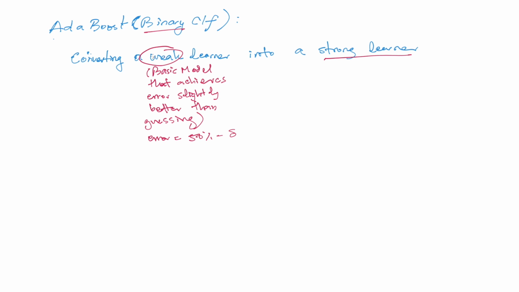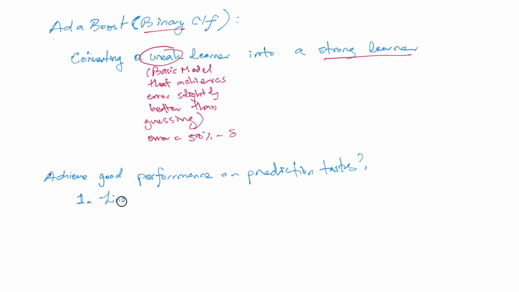Okay, so the idea is basically, how do we achieve good performance on prediction tasks? Well, the traditional way is, let's say you have a linear regression. To get really good performance, you might do feature construction.